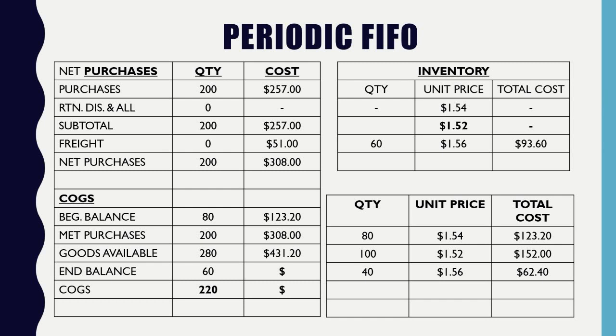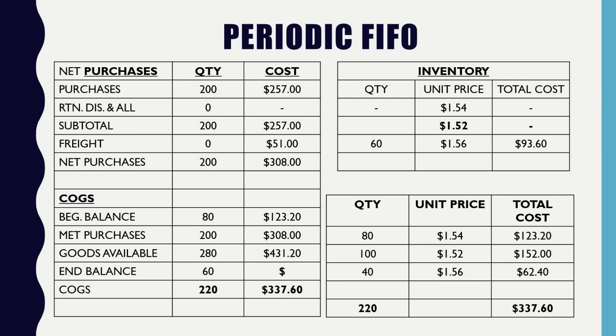And that is how we calculate our total cost of goods sold, because we just add up those totals. We sold a total of 220 units at a total cost of $337.60, which you're going to pop in here.